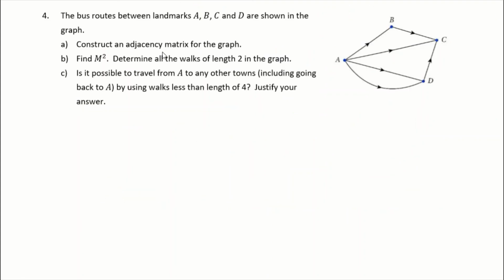All right, question 4. The bus routes between the landmarks A, B, C, and D are shown in the graph. So construct an adjacency matrix. Same thing, I think you can do this very quickly, so I'll try to fast forward.